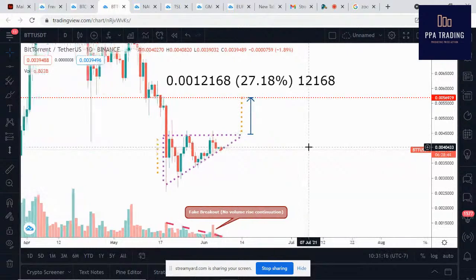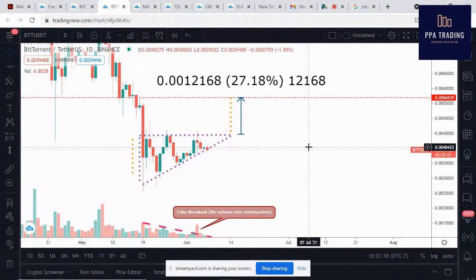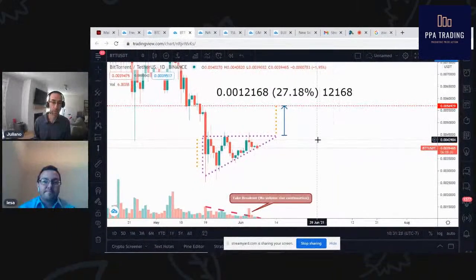Giuliano, do you see the same thing here? No, that's perfect. This is BitTorrent, another cryptocurrency token that is forming the exact same formation as Ethereum. So what do we see over here? We see the same probability here. So triangles have somewhat of a 67% probability of success once it breaks. In this case, it has not broken to the upside yet.